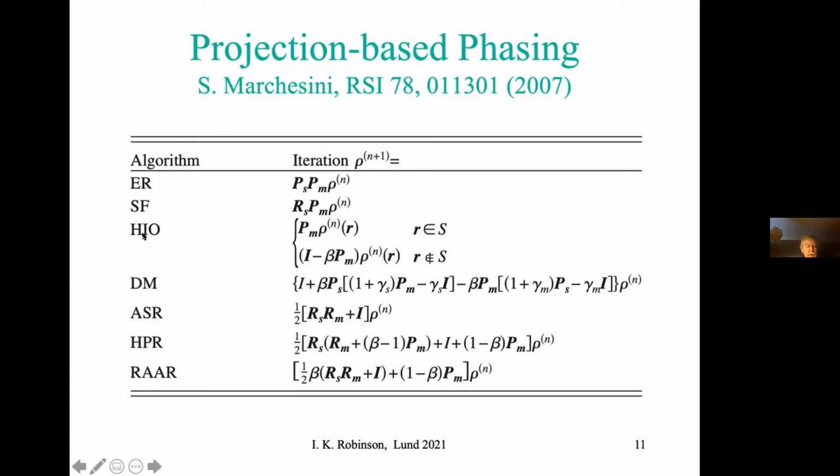And the one that I've used the most, and many others, is this one invented by Fienup in the 70s, where you apply one operation when the object is inside the support, and you drive it away from the solution if it's outside the support. And the parameter that says how aggressively you drive it away is this beta parameter, which is anywhere from 0.7 to 0.9 or so.